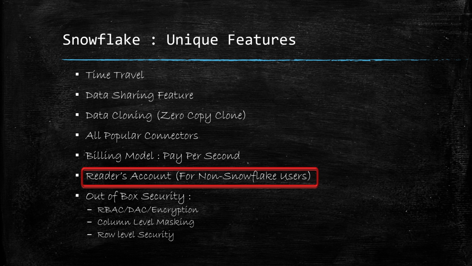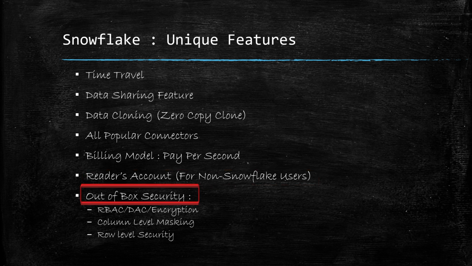Now, if I talk about security, Snowflake is providing a whole lot of security features like RBAC and DAC. So let me explain a little bit of the difference between RBAC and DAC. RBAC is role-based access control. Snowflake lets you create a role.